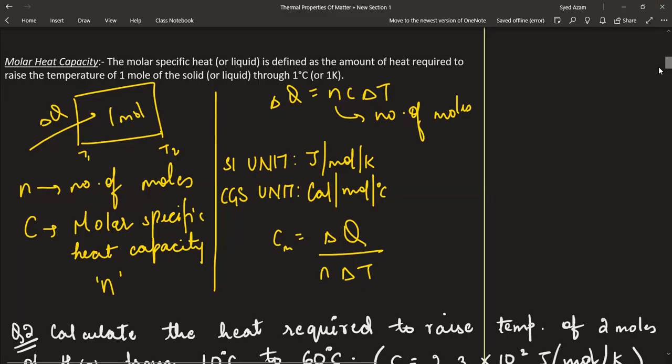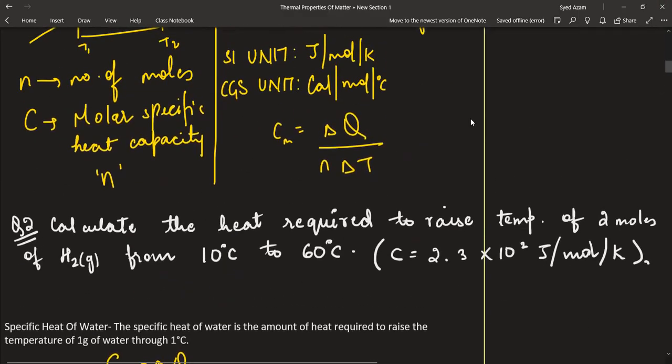Okay. If you look at a formula, a very easy question is there. Calculate the heat required to raise the temperature of 2 moles of H2 from 10 degrees Celsius to 60. So delta Q will be NC delta T. What is N given in this question, Aleena? 2.